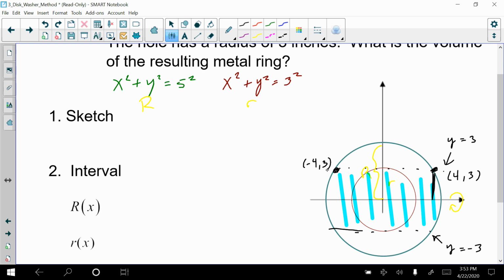And so this point right here, due to the symmetrical nature, is going to be at negative 4, positive 3. If I'm revolving it around the x-axis, the interval is going to be along the x-axis. So the interval will be from negative 4 to positive 4, or you could say it's from 0 to 4 and double your interval, or double your volume essentially, by using the symmetrical nature of the circle.